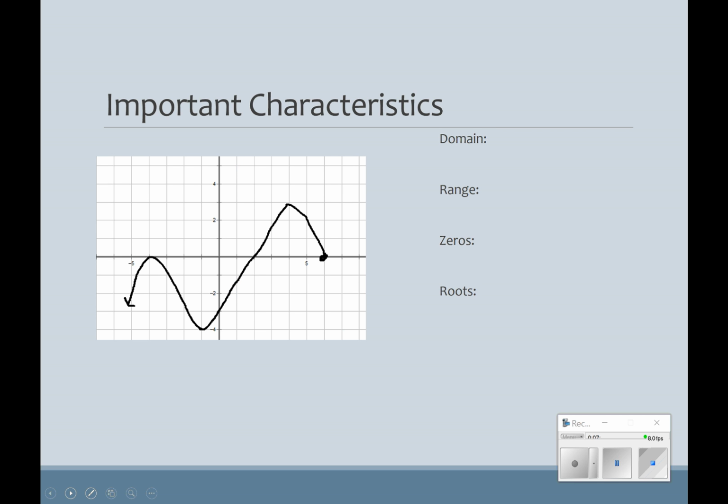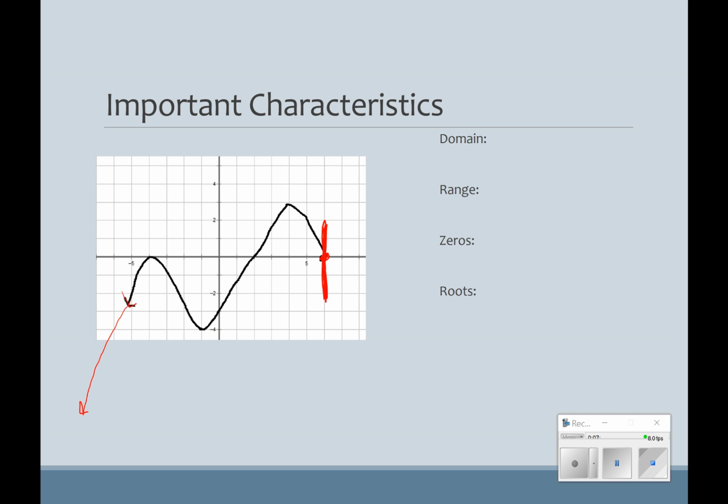Okay, let's look at another graph. Now the difference here is the graph ends here, but this arrow means that this graph is going to continue just like that. Okay. So my domain is going to be my x value.